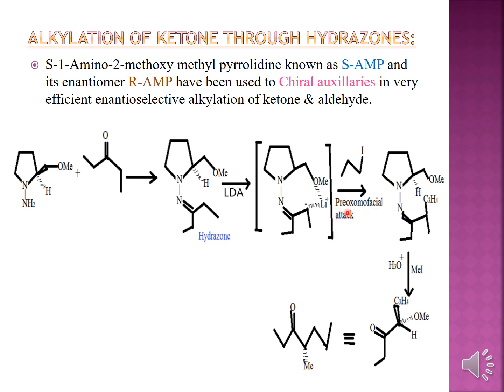Then the attack takes place on the face, and there is a cleavage of the lithium moiety. The carbanion goes and attacks this CH2 group, and LiI, lithium iodide, gets cleaved out, resulting in this molecule. Once you get back this molecule, you have to do the hydrolysis upon treatment with methyl iodide.